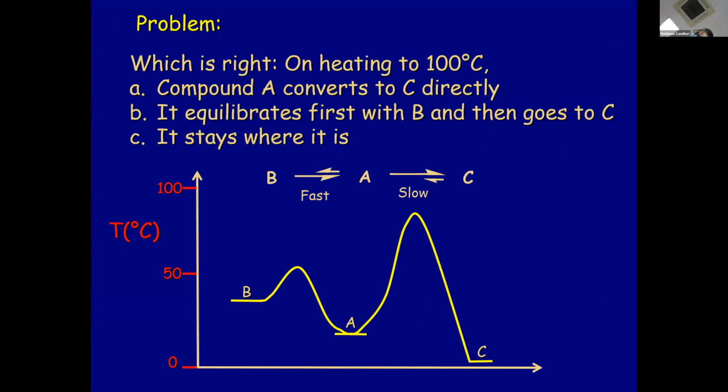Okay? So here's a quick problem for you. Take a couple of minutes to think about it. Which is right? When heated to 100 degrees Celsius, compound A converts directly to C. It equilibrates first with B and then goes to C. It stays where it is. Which one do you think is right?